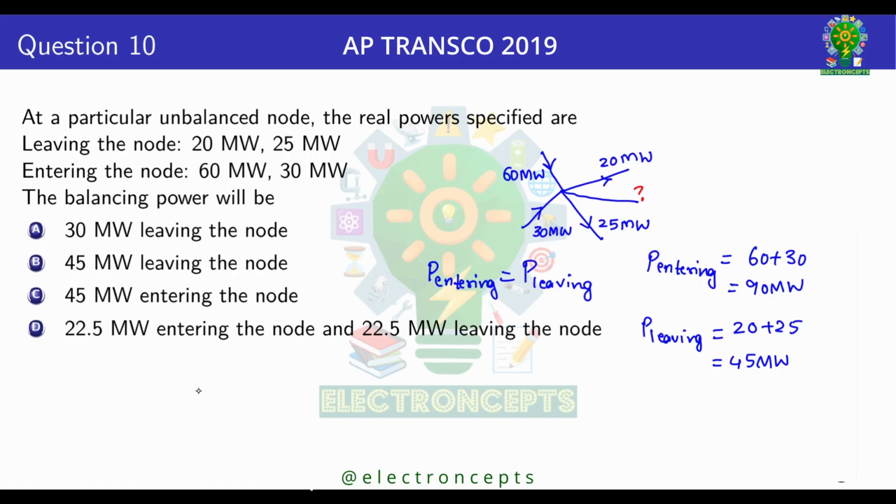Since entering power is more than leaving power, the balancing power will be leaving. Therefore, balancing power is equal to entering power minus leaving power, which is equal to 90 minus 45, that is equal to 45 megawatts. Therefore, option B is correct.